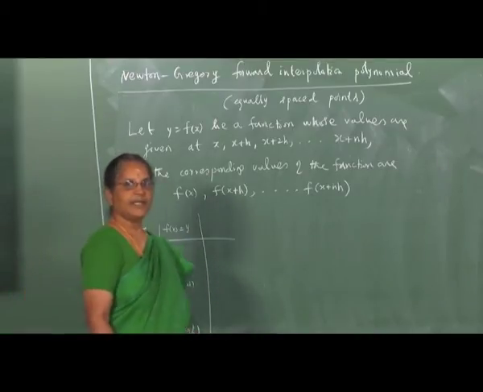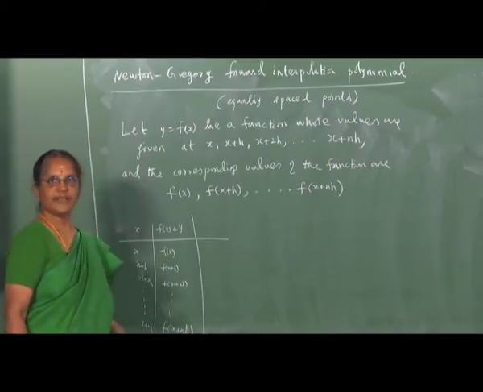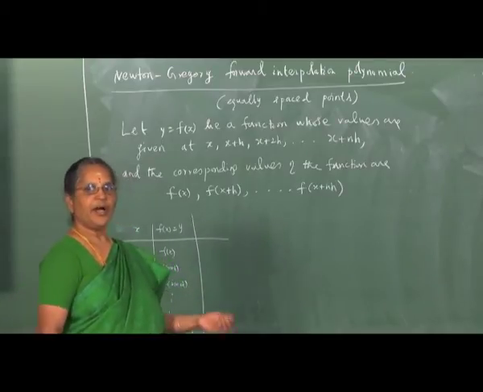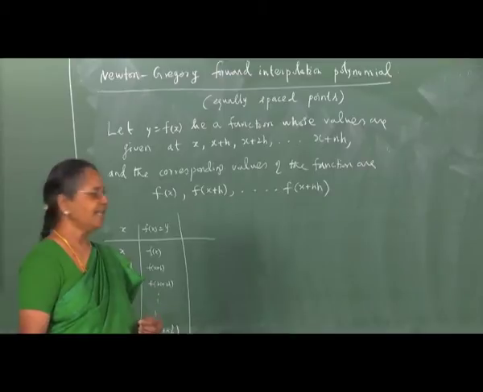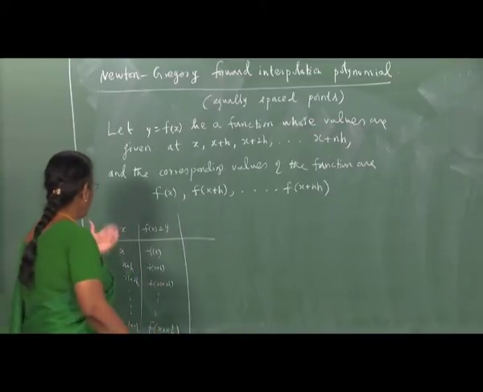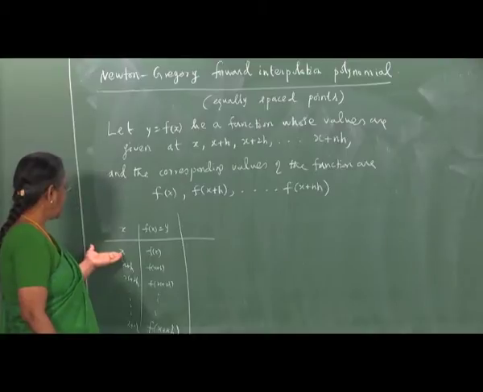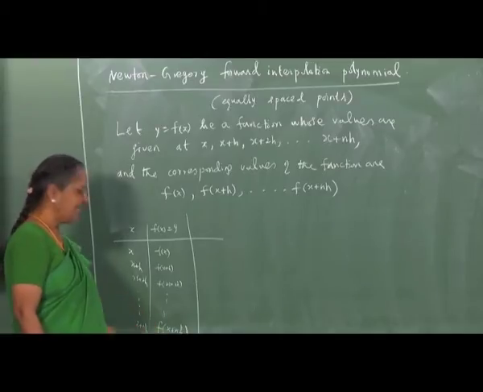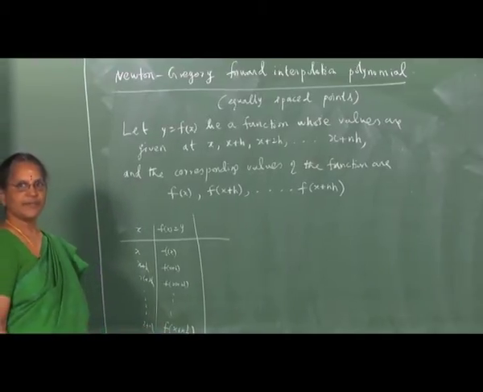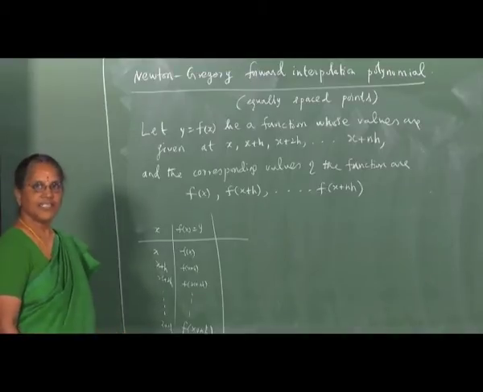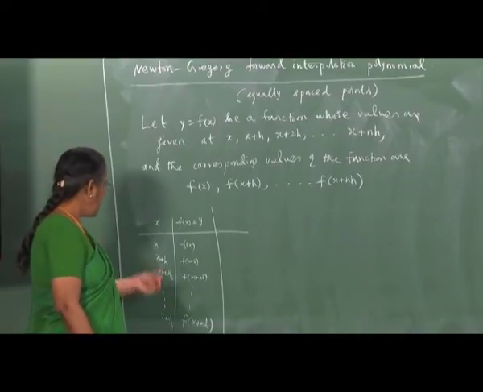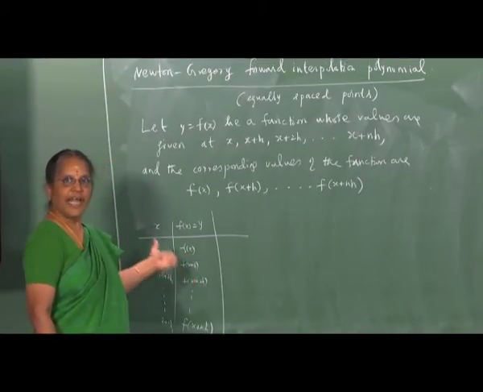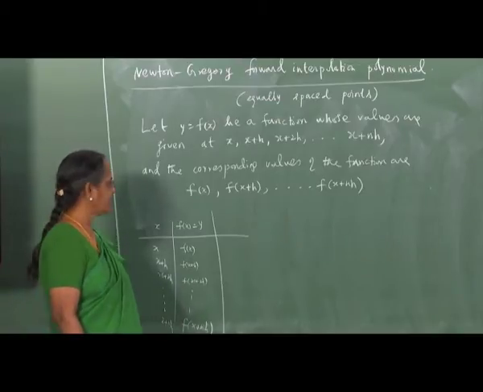What is our problem? Given a set of n plus 1 points, we would like to obtain a polynomial of degree at most n that interpolates at a set of points x f of x, x plus h f of x plus h, etc., x plus nh f of x plus nh. So, we want to construct this polynomial of degree at most n that interpolates the set of n plus 1 points which are given to us.